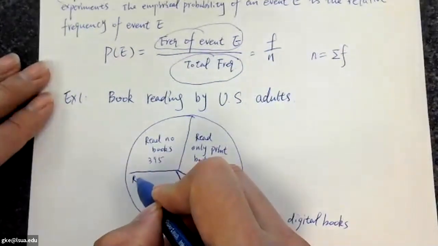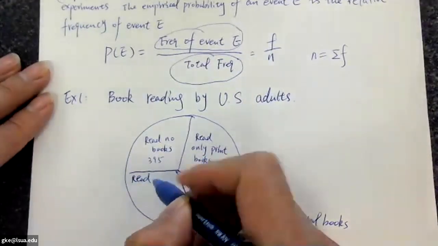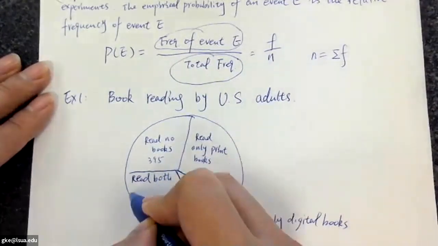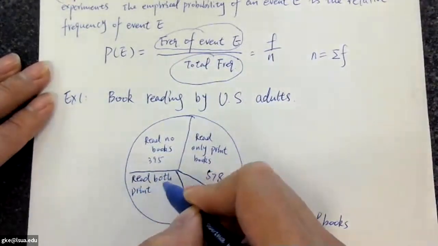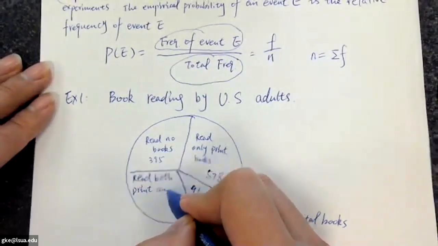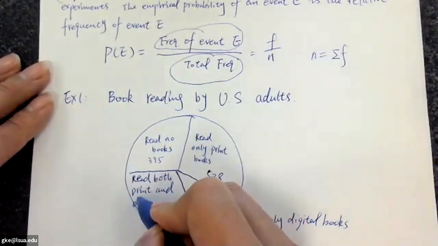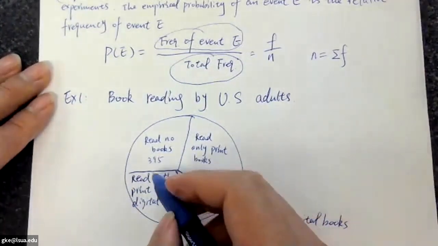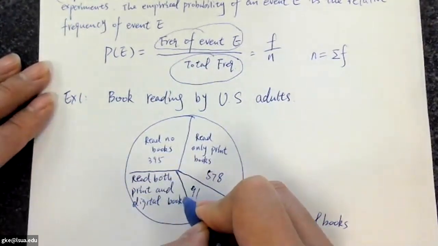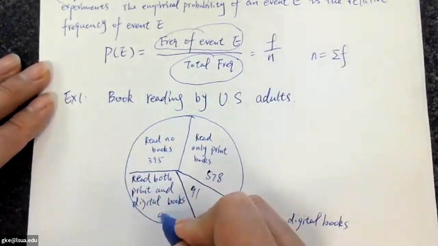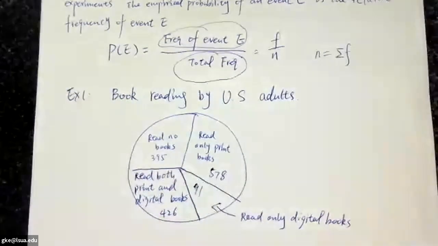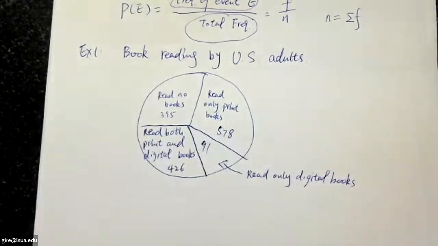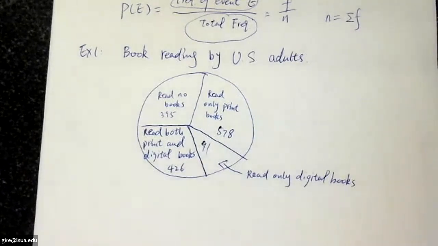Read both print and digital books: 426. Okay, so that's the pie chart.